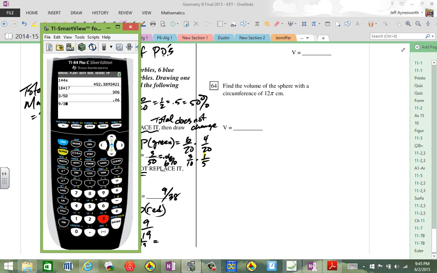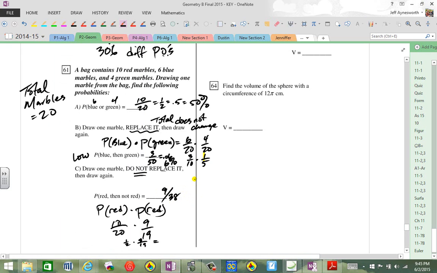9 divided by 38 is about 0.24. Make sure. Oh, you know what? I didn't read it correctly. We don't want a red. So let me change this. The probability of getting red is 10 out of 20 because there's 10 red marbles out of 20, but not red. Well, that means you're either blue or green, right?